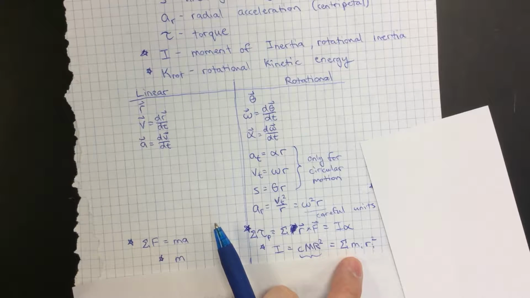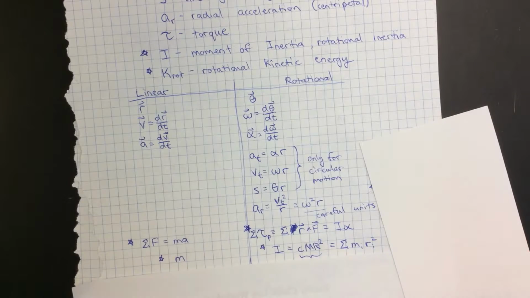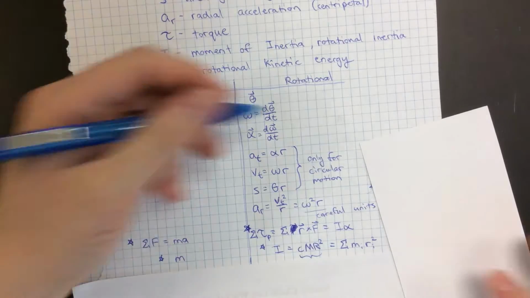If you have a bunch of distinct objects, trying to think of like, did you guys ever play with Connects? No. They're basically like you take a bunch of pieces and you connect them with rods, right?